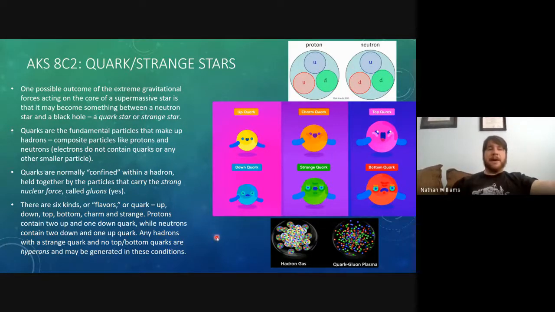Almost like how protons and electrons can go through inverse beta decay to form a neutron. It's a very similar kind of process. We talked about hyperons a little bit earlier. A hyperon is a particle you could make using strange quarks and up quarks and down quarks. And these things might help make up these possible quark or strange stars.